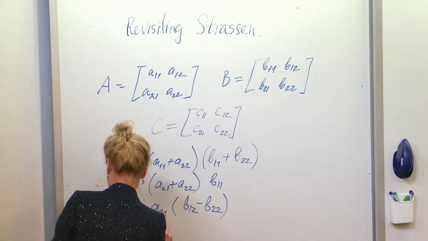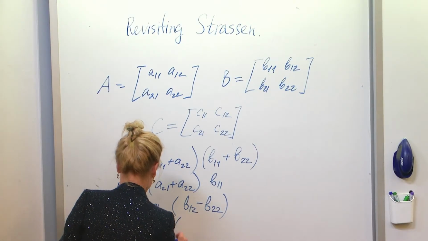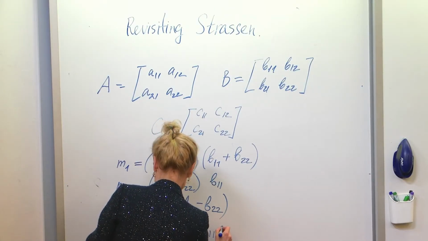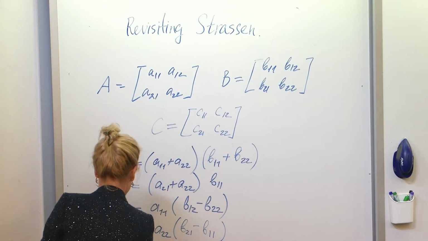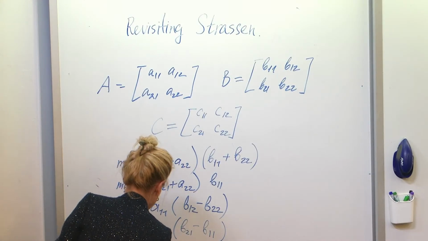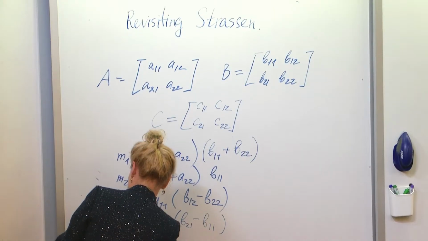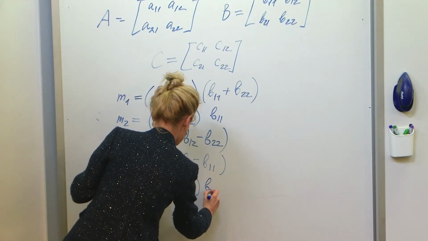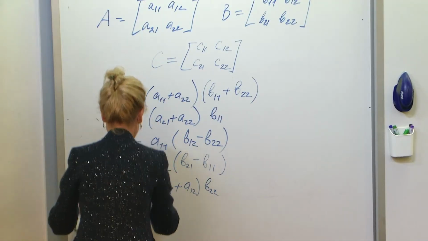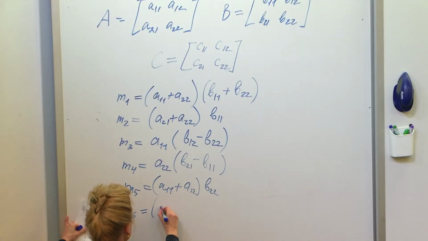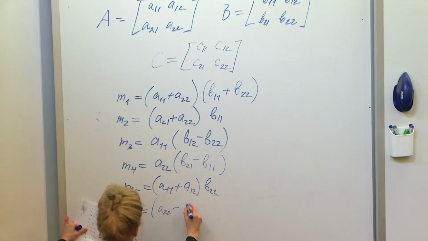This is A22 times B21 minus B11, okay? We're almost there. M5 is A11 plus A12 times B22. And then a couple more. Here we have M6, which is going to be A22 minus A11.